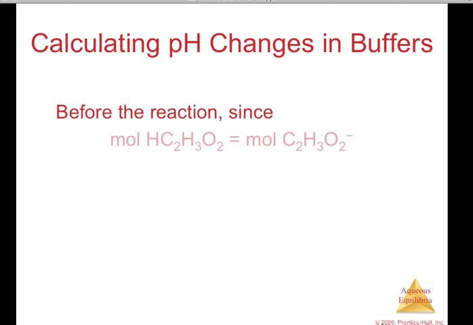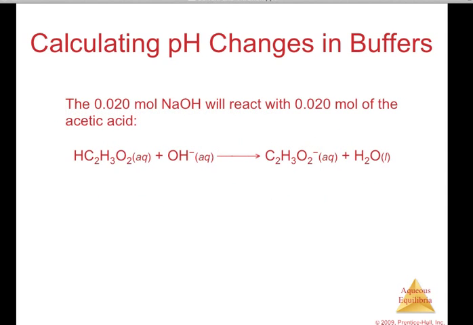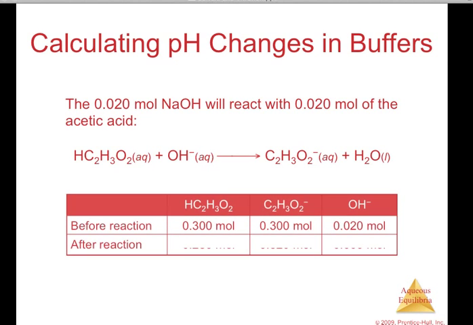Before I add that hydroxide, we knew that the pH was 4.74 from a previous example. This is the stoichiometry. I have 0.3 moles of the acid, 0.3 moles of the anion, and 0.02 moles of the sodium hydroxide.